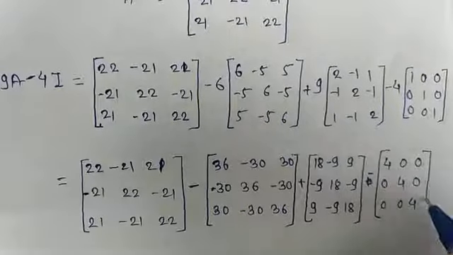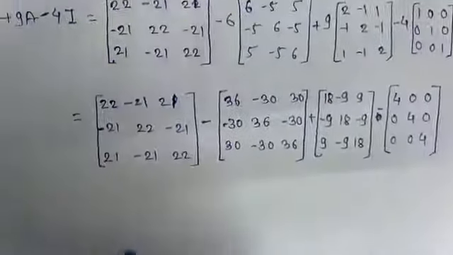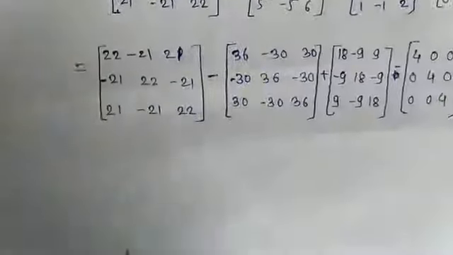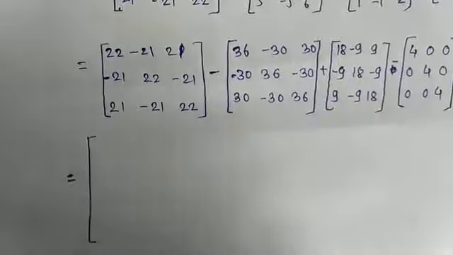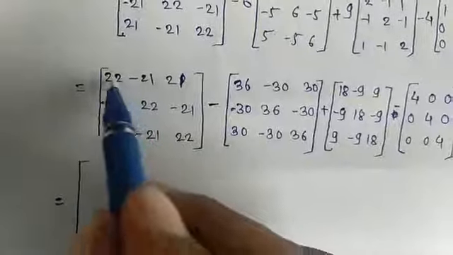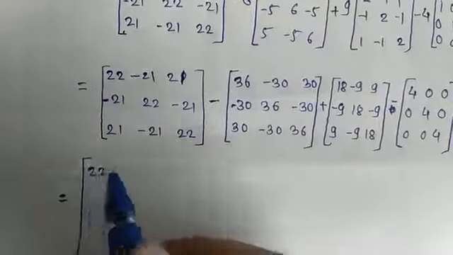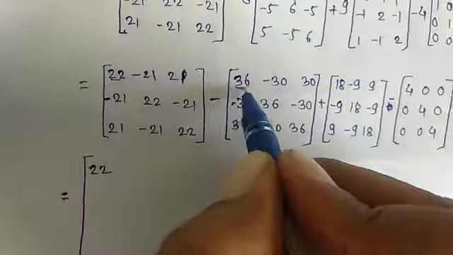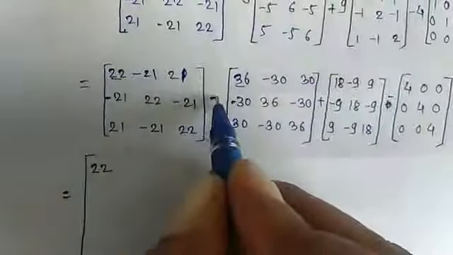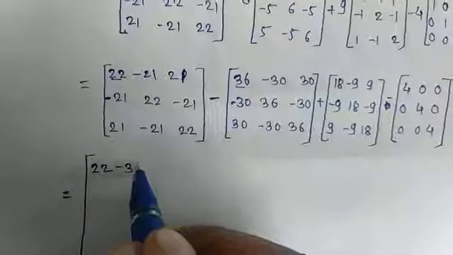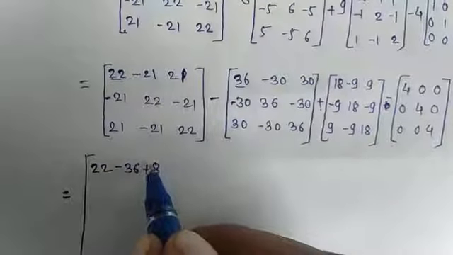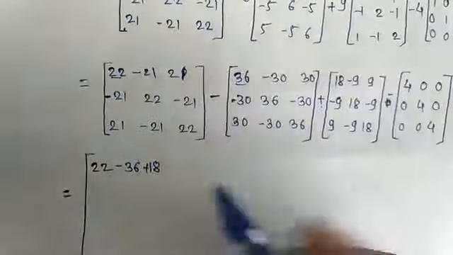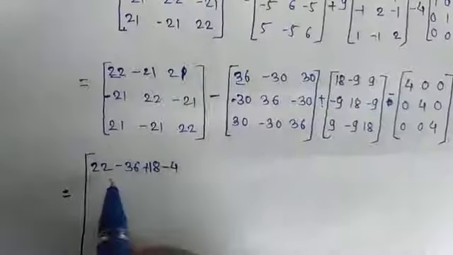Now we make the calculation, position by position. First position of all matrices: 22 of first, here it is 36, outside sign is minus, so 22 minus 36 plus 18 minus 4, which is our first position.